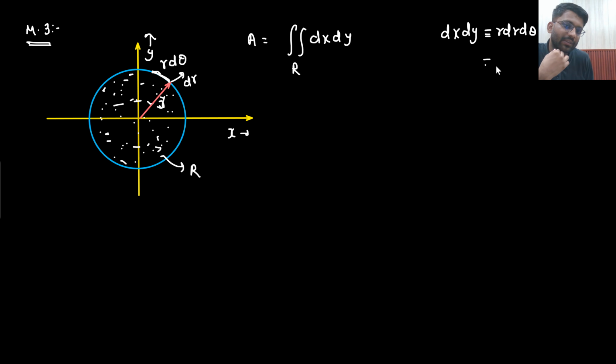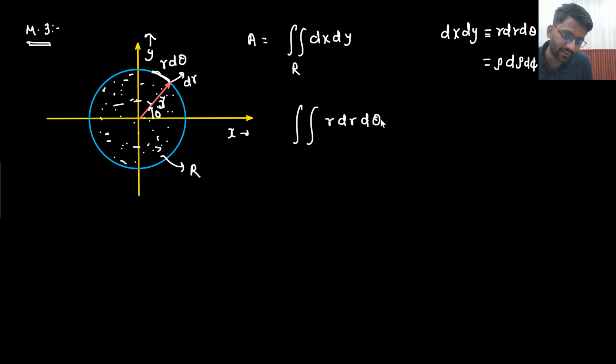In the cylindrical coordinate system we sometimes write rho d rho d phi, so there theta used to be phi, and the radius was shown by rho. It is just notation, nothing else. I hope you are not getting confused. So dx dy could be replaced with r dr d theta.